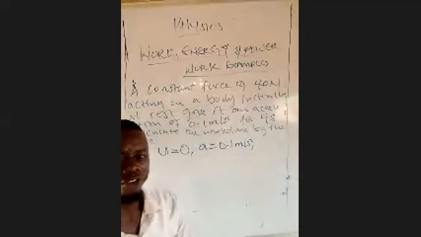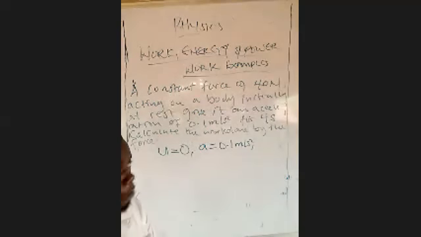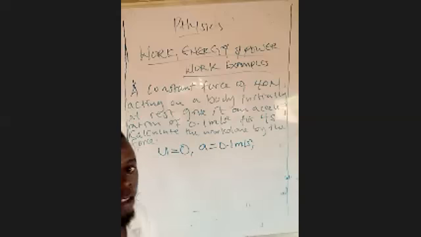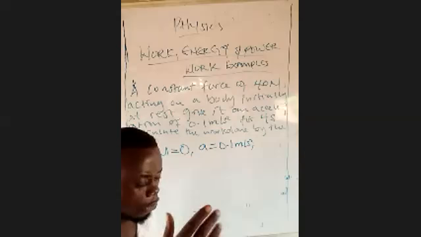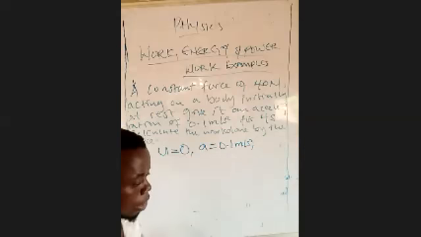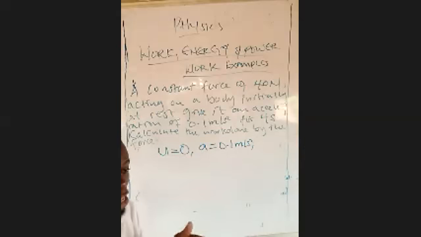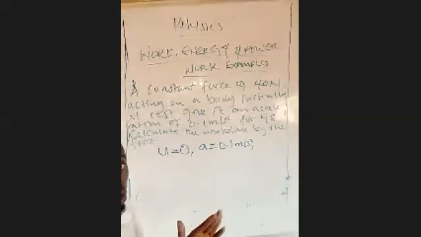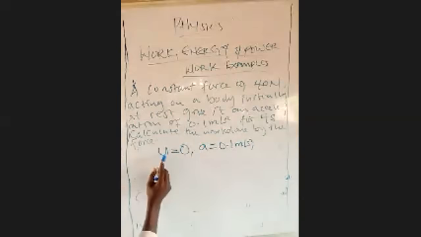If you have been following my previous class on motion, you will understand. When the body is at rest, its initial velocity is equal to 0, and initial velocity is u. That is why I say u is equal to 0.